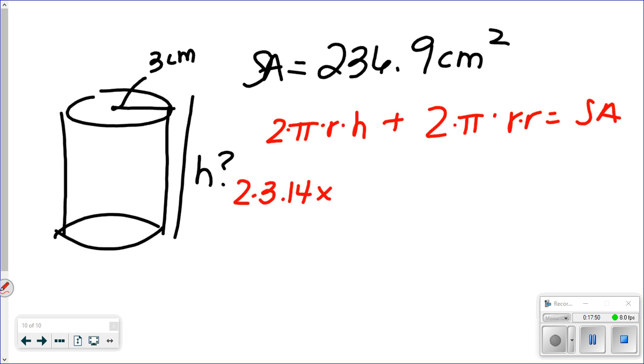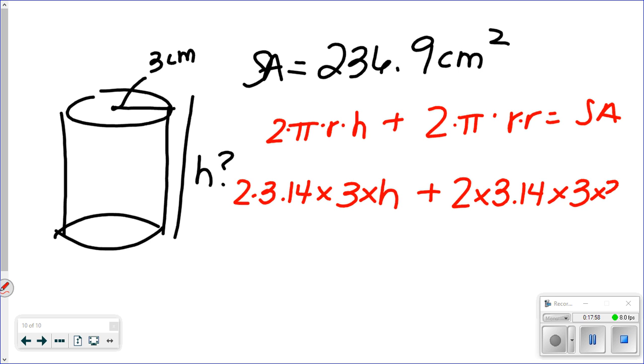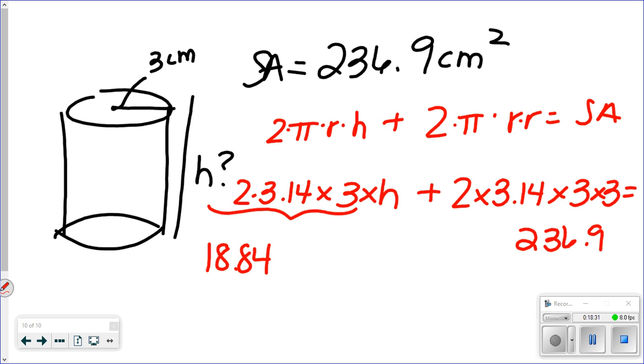So 2 times pi times the radius, 3, times the height, plus 2 times pi times 3 squared, equals 236.9. Fill in everything you know. The next thing I would do is start putting together things that I can put together. 2 times pi times 3 is 18.84, because I don't have a height yet.